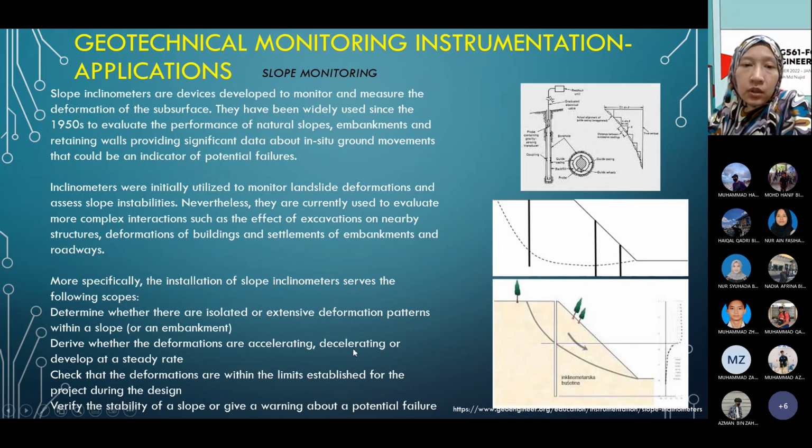So these are the objectives of the installation of slope inclinometers: to determine whether there are isolated or extensive deformation patterns within the slope, to derive whether the deformations are accelerating, decelerating, or developing at a steady rate, to check that the deformations are within the limits established for the project during the design, and to verify the stability of a slope or give a warning about a potential failure.